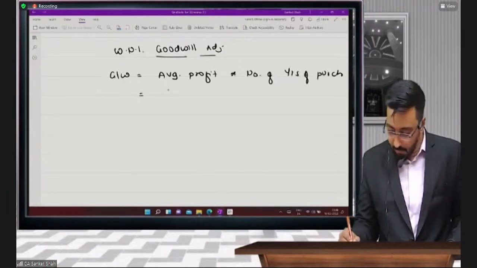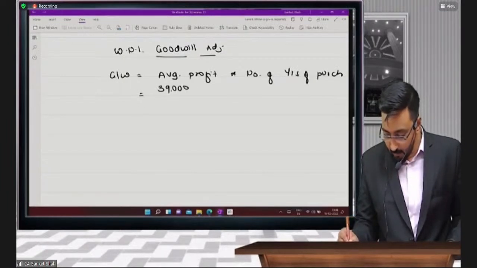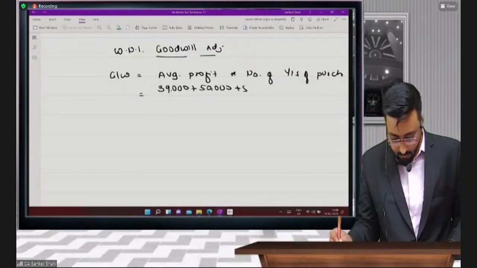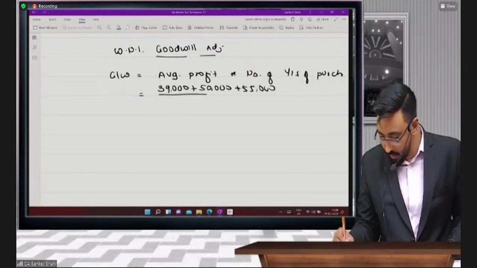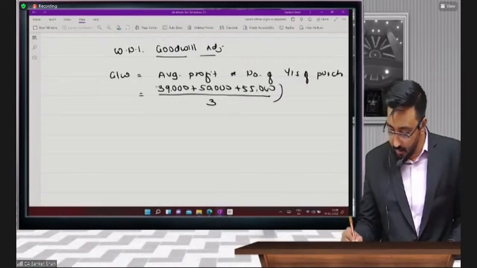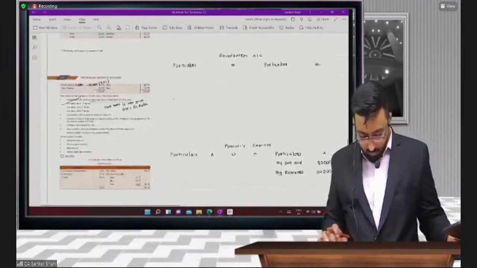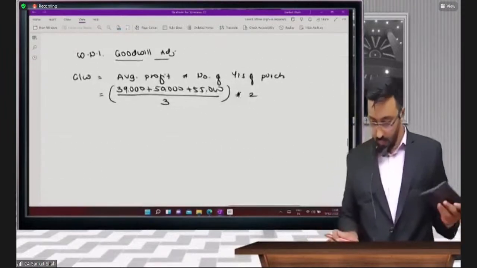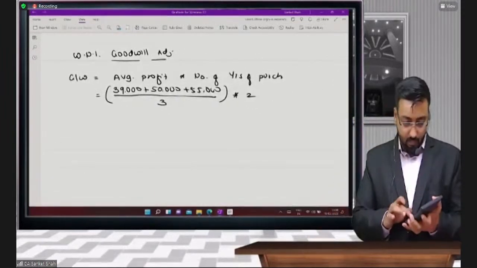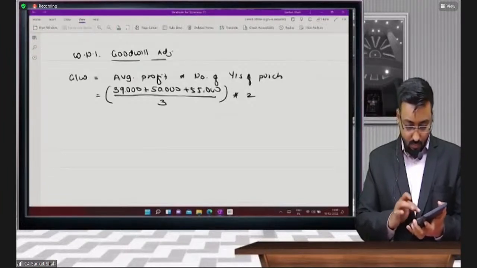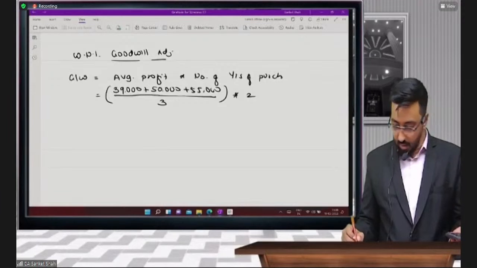Now average profit is 39,000 plus 50,000 plus 55,000 divided by 3 into 2. This is 96,000.